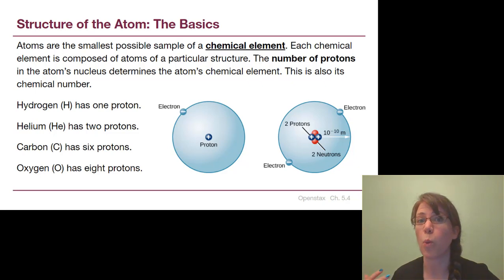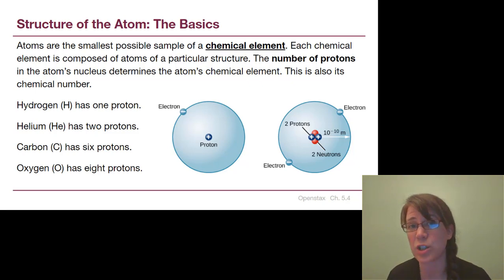The most well-known and obvious piece of information on that element, besides its name, is the atomic number. That number, 1 for hydrogen, 2 for helium, and so on, is actually telling us how many protons are in the nucleus, because by definition, that number of protons determines what we're actually calling that atom.